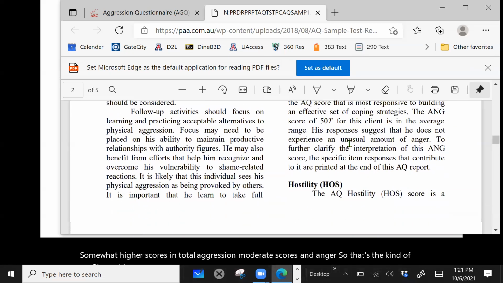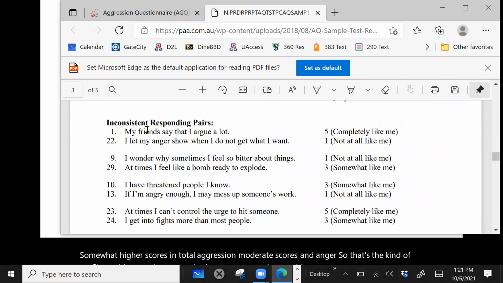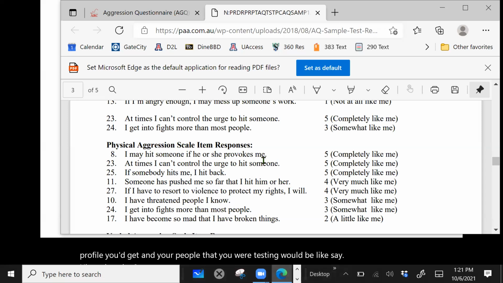Your participants would be choosing responses on a 7-point Likert scale. An example for physical aggression: I may hit someone if he or she provokes me. How much is that like you or not at all like you?